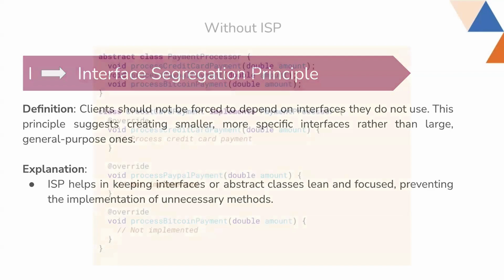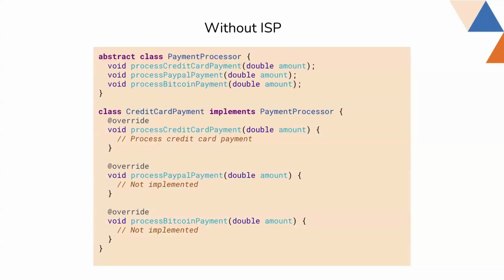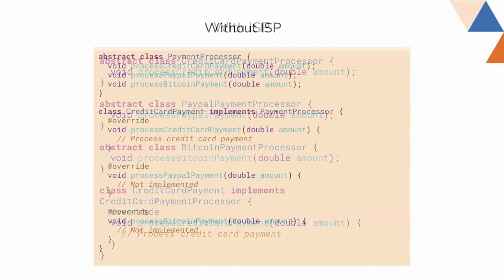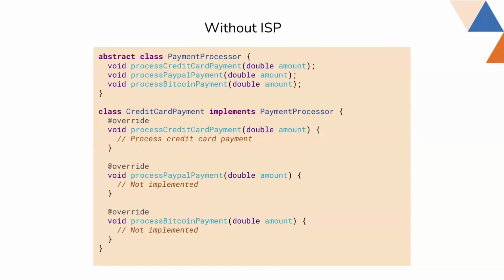So let's give an example. There is an example that doesn't follow the principle, and there is another example that does. So let's compare them with each other. In this example, the abstract class payment processor has three different methods: process credit card, PayPal, and Bitcoin.